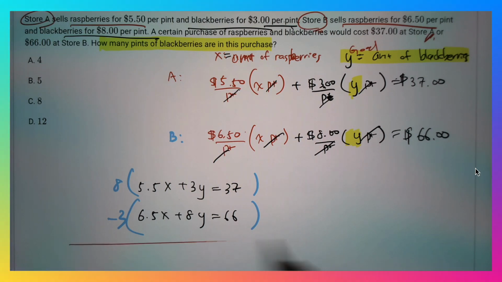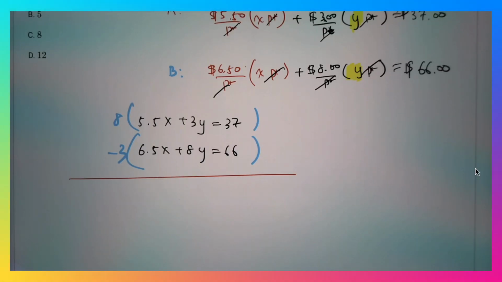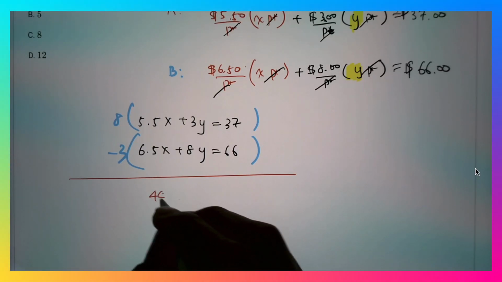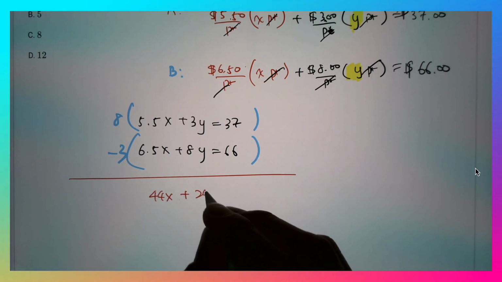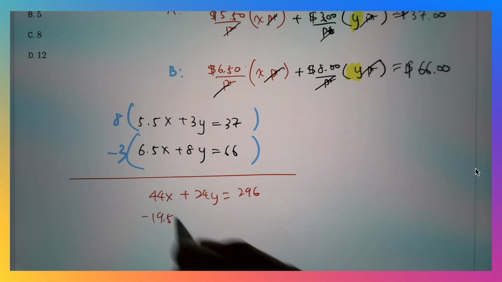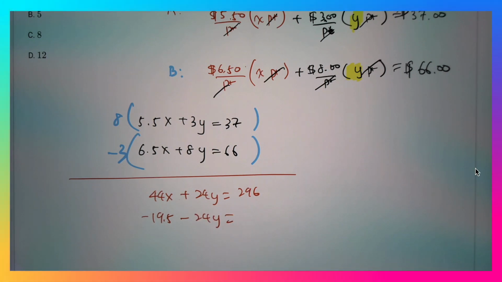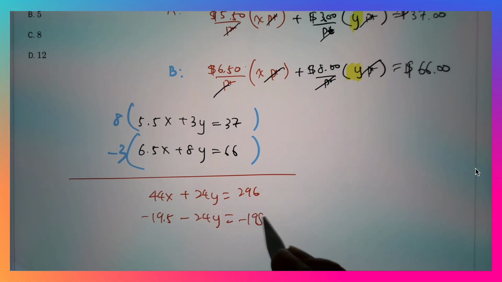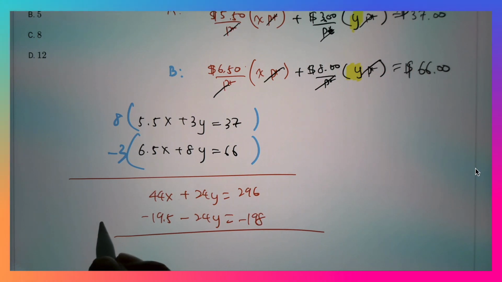Okay, so let's go. On my calculator, 5.5 times 8 gives me 44x plus 24y, and 37 times 8 is 296. 6.5 times negative 3 is negative 19.5x minus 24y, and negative 3 times 66 is minus 198. Okay, I'm adding this.